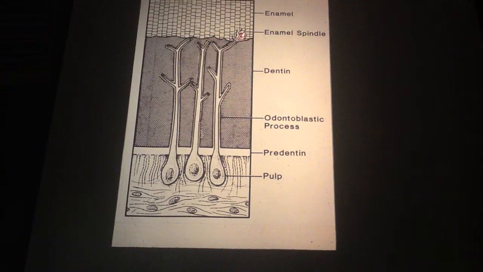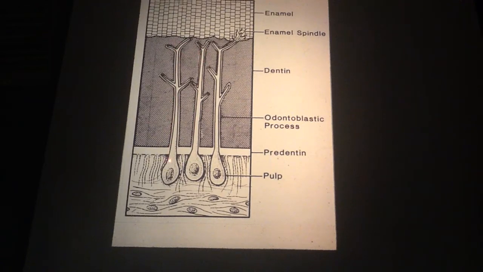But what you'll hear about are the spindles and tufts, which are really little cell processes that make this a little less calcified, just at the base of the enamel. And then the odontoblastic processes, quite elongated, inside the odontoblastic tubules, or the dentinal tubules.